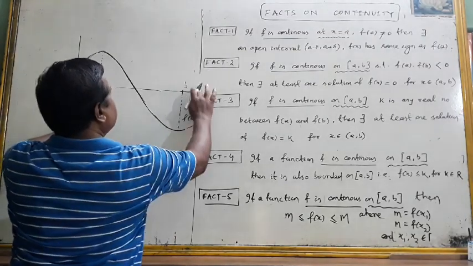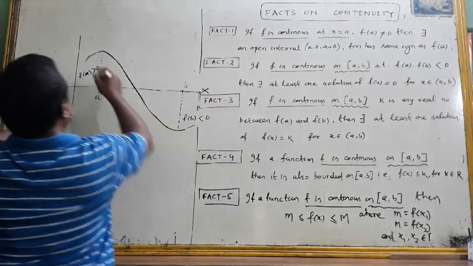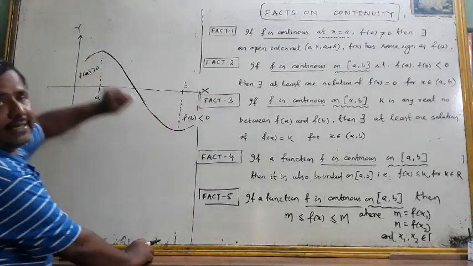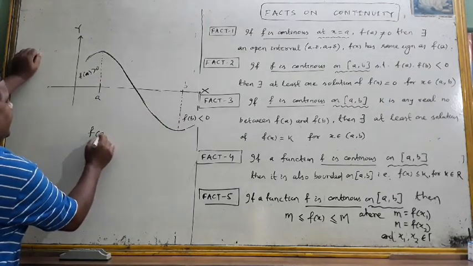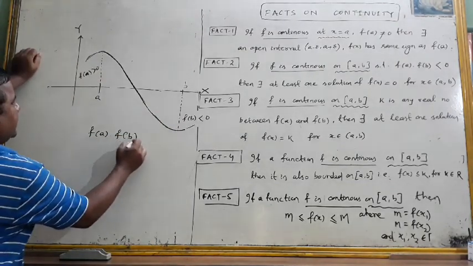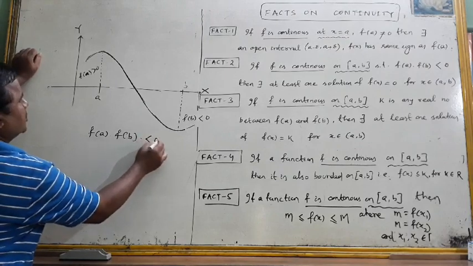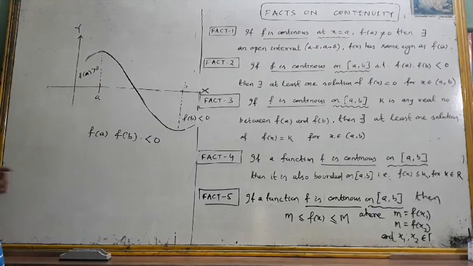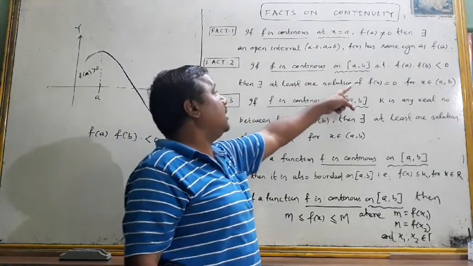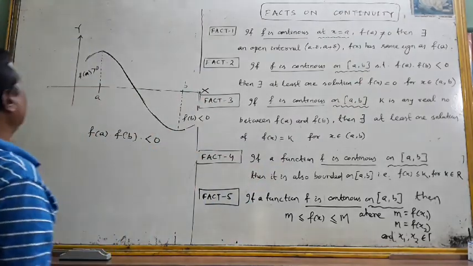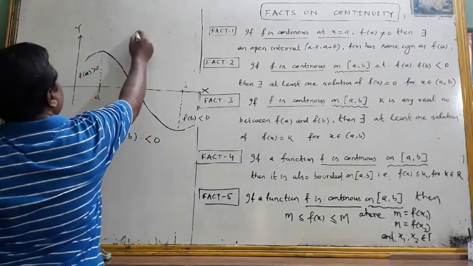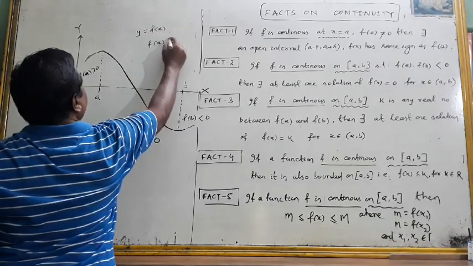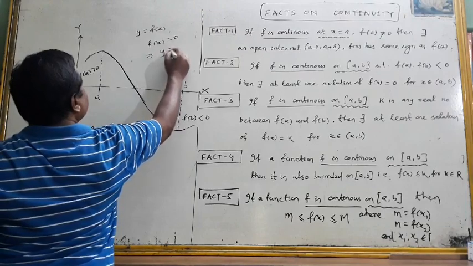Suppose this is the x-axis and this is your y-axis. And f(a) times f(b) is negative, because one is positive and the other is negative. Then there exists one solution, f(x) equal to 0. Learn what f(x) is: f(x) means y, so f(x) equal to 0 implies y is equal to 0.